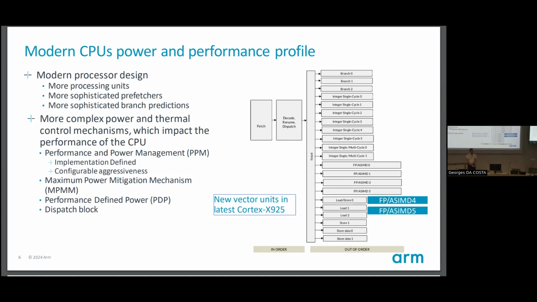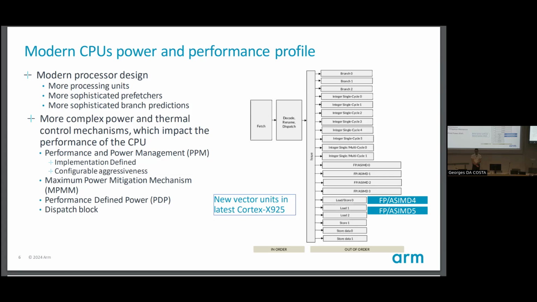On the other hand, we also have some new mechanisms which are also publicly available for like 1 year now. You can read about them in the documentation. Those are the performance and power management features, and they can control actually the aggressiveness of the processor. They can control maximum power that can be used, but those are implementation defined.